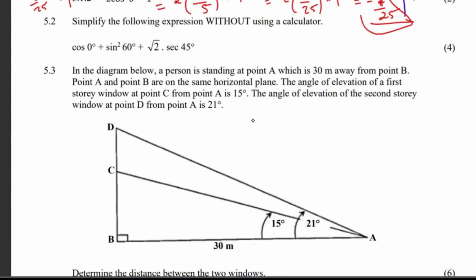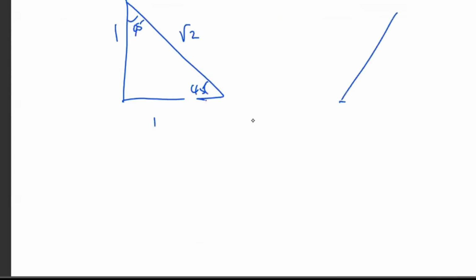Remember, with the special angles, we have the one of 45, which is 45, 45, with sides 1 and 1, and then square root of 2. Then we have the one of 60 and 30, which is 2, 1, and then square root of 3.